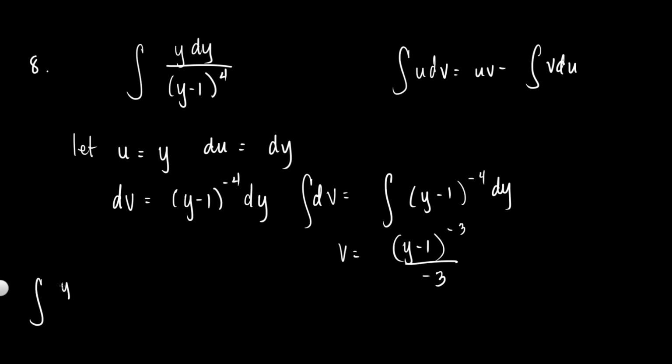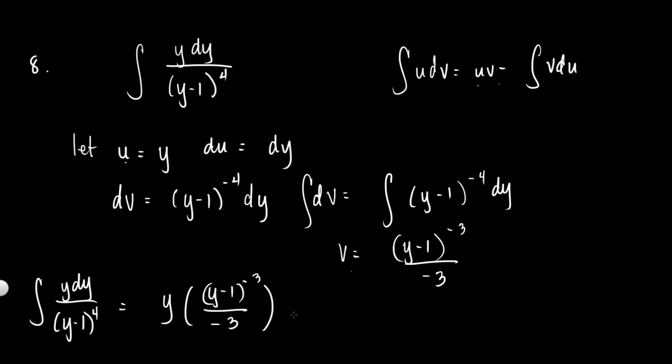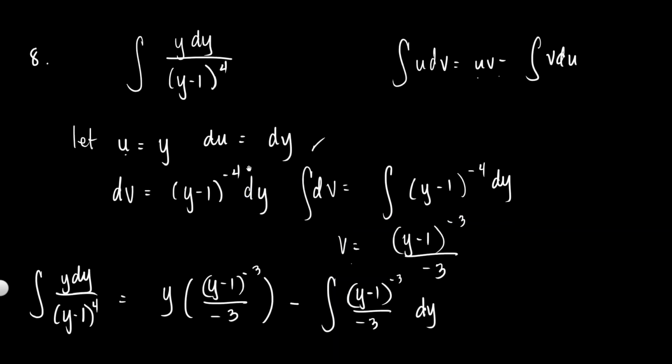So, the integral of y dy over y minus 1 raised to 4 is equal to uv. U and v. So, u is y times y minus 1 raised to minus 3 over negative 3. Okay? Then minus the integral of v, y minus 1 raised to minus 3 over negative 3 du. Du is dy. Okay? So, this looks okay.